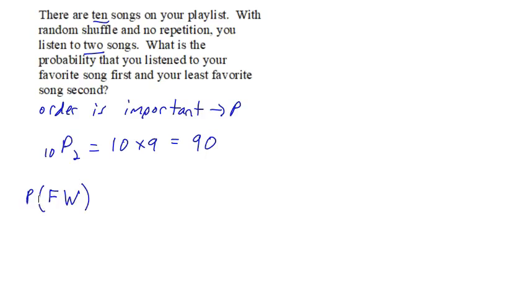So the probability of choosing our favorite song first and our worst song second equals 1 out of 90, because there's only one way to pick your favorite song first and your least favorite song second. And we have 90 different ways of picking 2 songs from a group of 10.